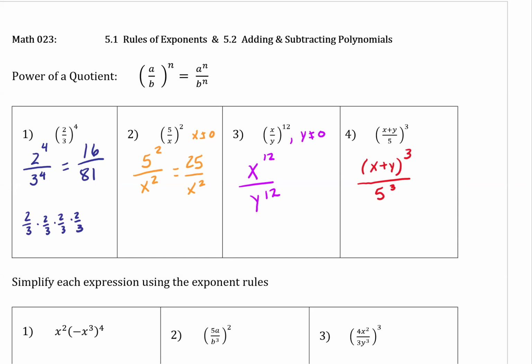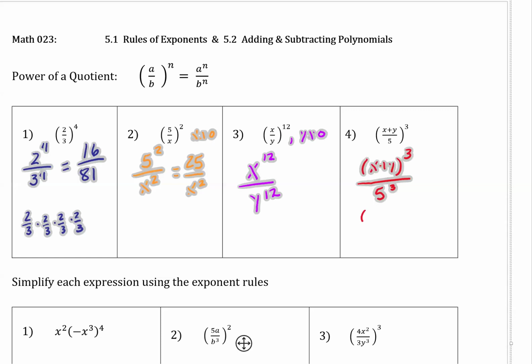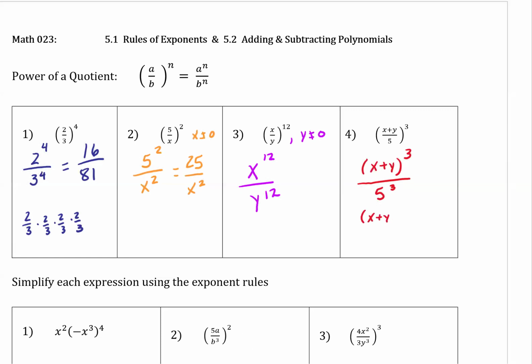You cannot take that power of 3 and do anything else with this problem because our rules are only for powers of a product, and x plus y is not a product. So our final answer would be x plus y cubed over 125.